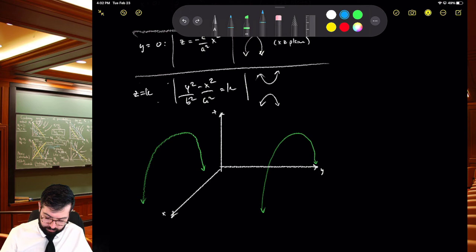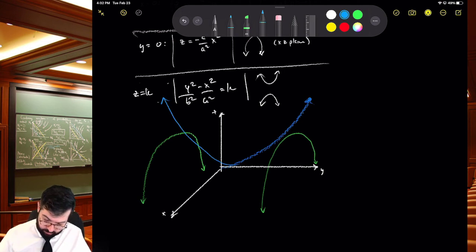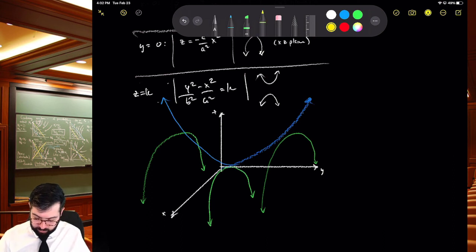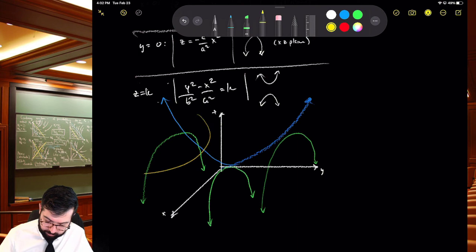I'm actually going to redraw that to be like that. And I'll put one more down here. When z equals 0, this is still a downward facing parabola like this. And then we've got hyperbolic cross sections when z equals k, doing something like this.